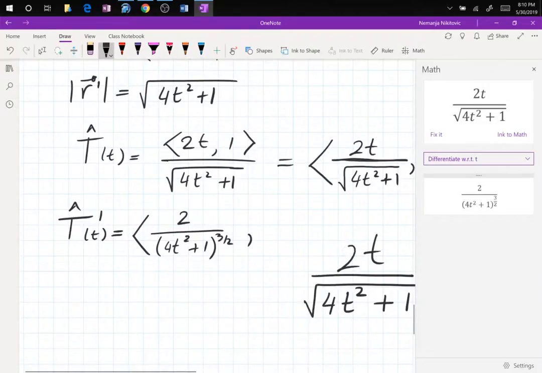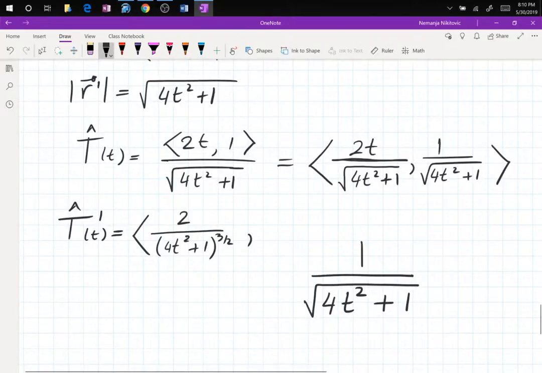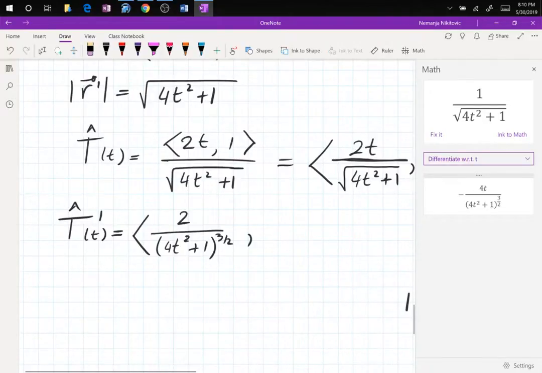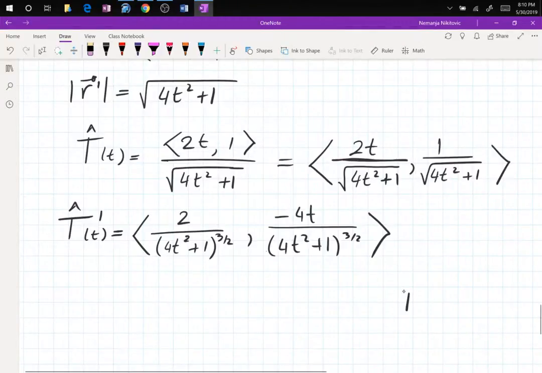And you swap this with 1, and you repeat the procedure. You select, you push math, you go here and say differentiate, and you get negative 4t divided by 4t squared plus 1 raised to the 3/2. Easy, not a problem at all.